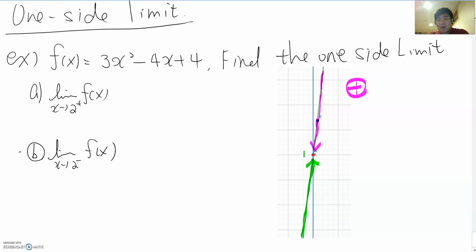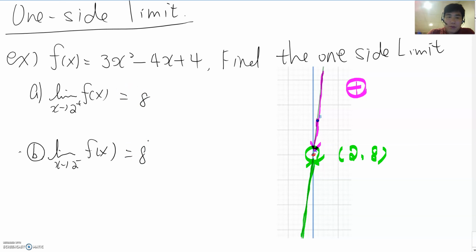When you look at this graph, we see that both sides approach this point A, whose coordinate is (2, 8), right? So in this case, we can answer 8 and 8.